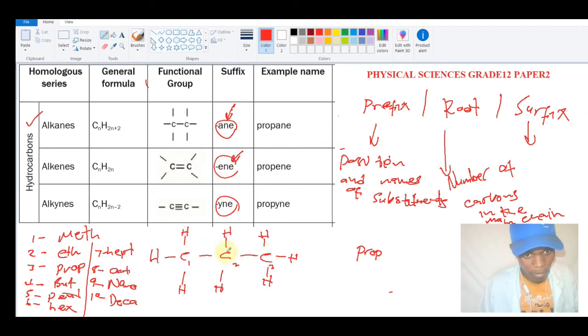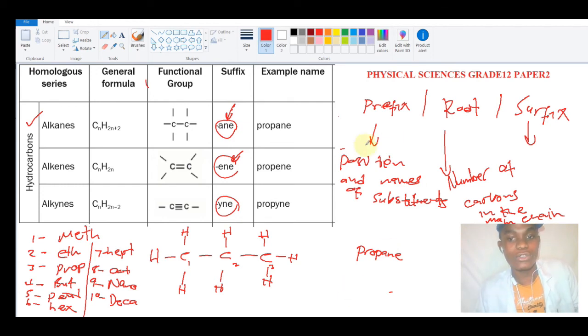But you check your compound, propane. Propane only has single bonds. So this is an alkane, and when it's an alkane, the suffix is ane. That means your name should end with ane. So you have the root, prop, and then you add the ane, and that's how you come up with the name propane.